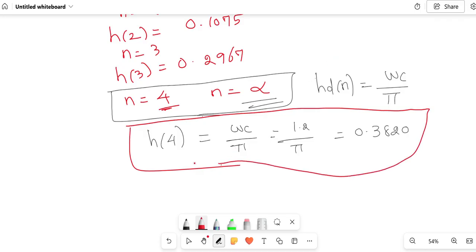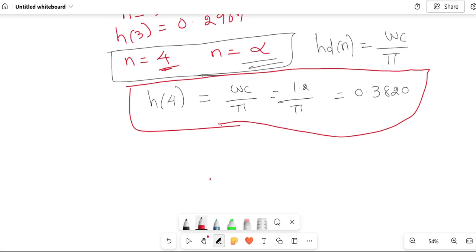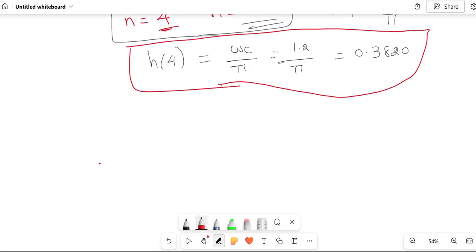Okay, the next, when n is equal to 5, h of 5 will be, again you substitute the same, you will get h of 3 and h of 5, because of the symmetry condition, m is equal to 9.